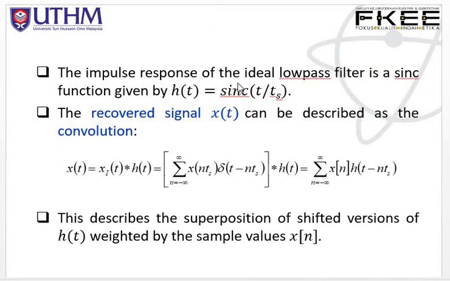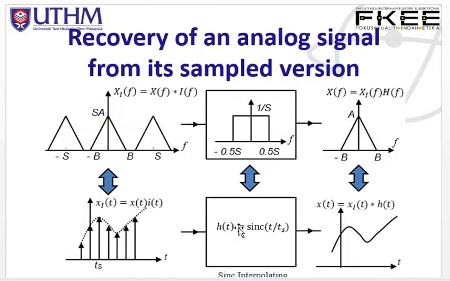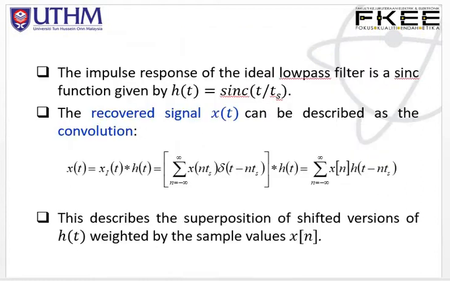The impulse response of the ideal low-pass filter is a sinc function, given by sinc(t over Ts). This is as shown here. So it's a sinc function. The recovered signal x(t) can be described as the convolution of the ideal sampled signal with h(t), or the summation of x(nTs) multiplied with the impulse strength convolved with h(t).